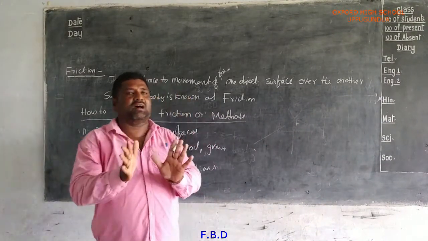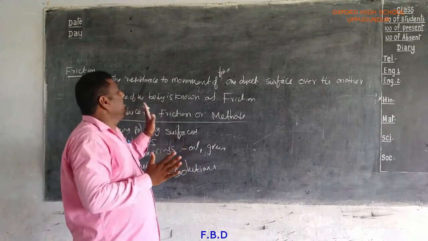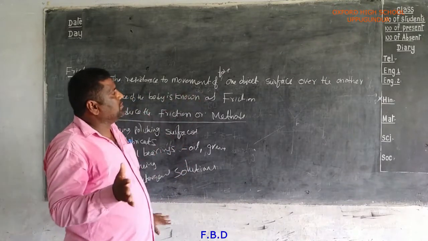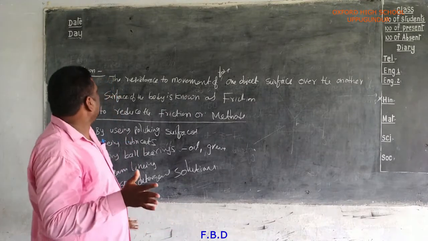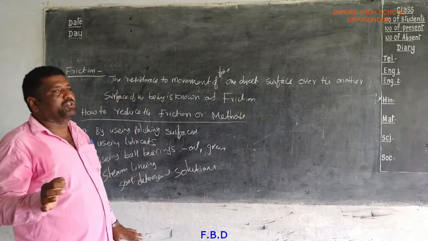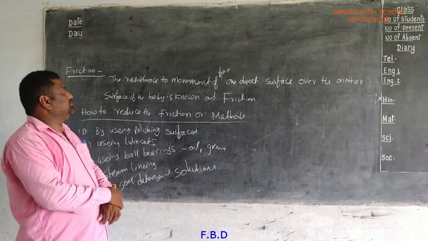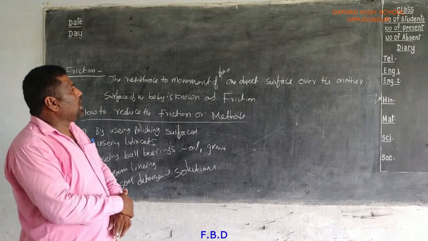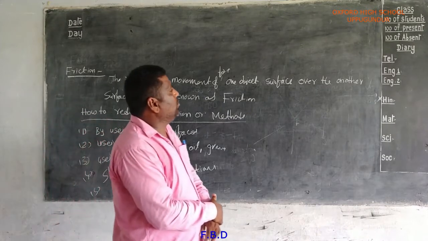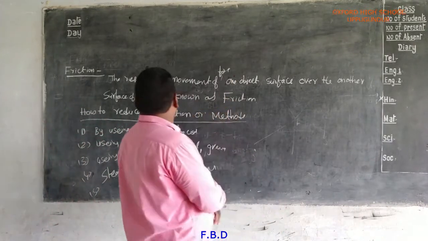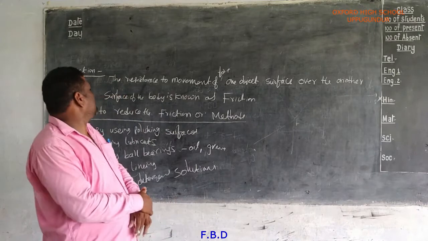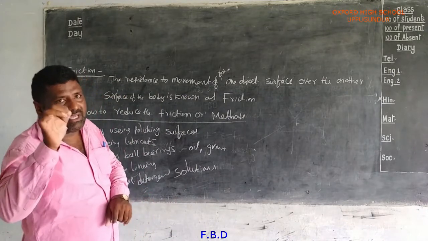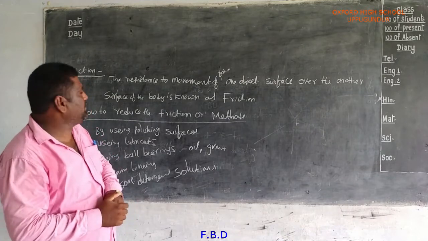Once again, what is the definition of friction? The resistance to movement of one object surface over another surface of the body is known as friction.